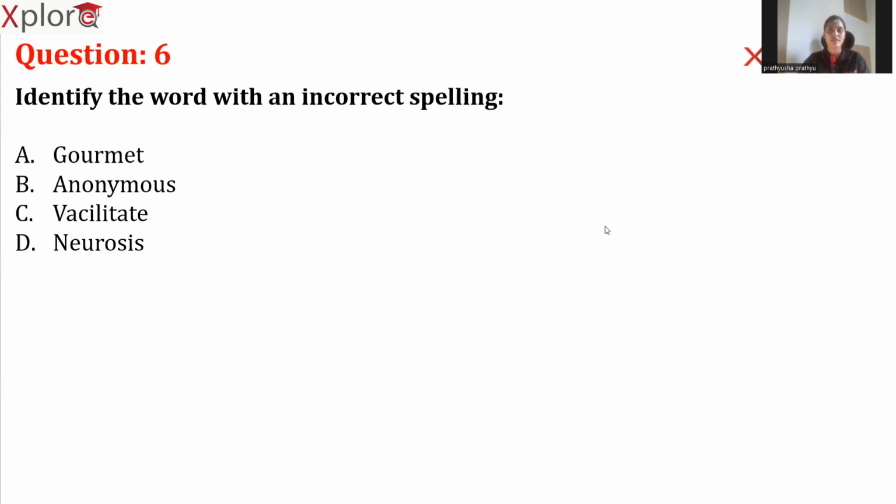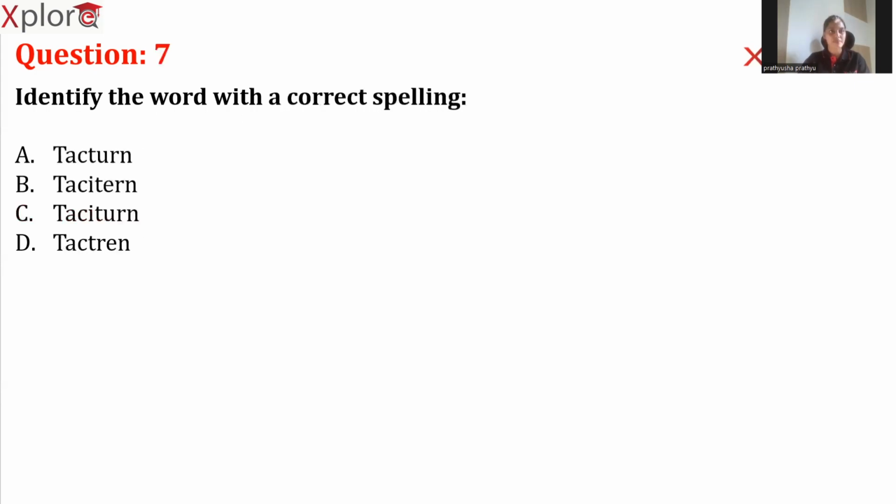Now let's look into the next question. Identify the word with a correct spelling. As you can see, A, B, C, D are given, and the actual term is taciturn.